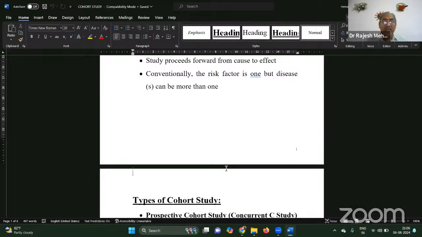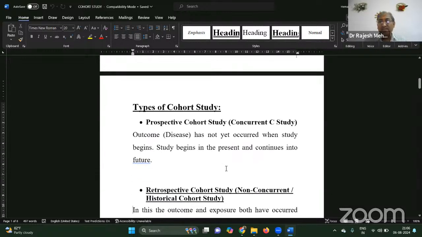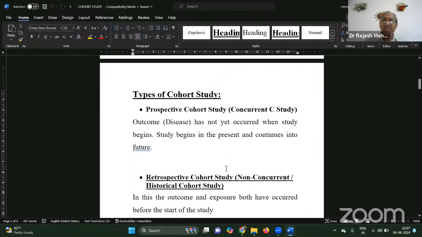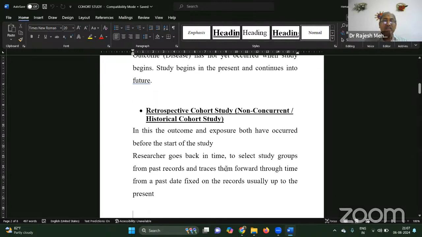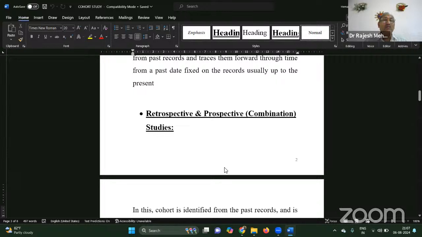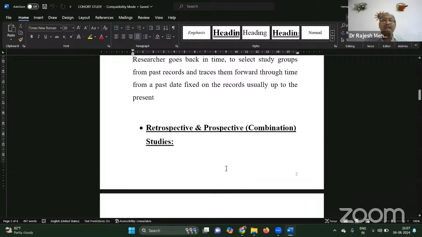In the prospective cohort study, from today onwards we are going forward and finally finding out, over a period of one year, two years, whether the disease outcome is there or not. In a retrospective cohort study, we find out what was there a few years back.